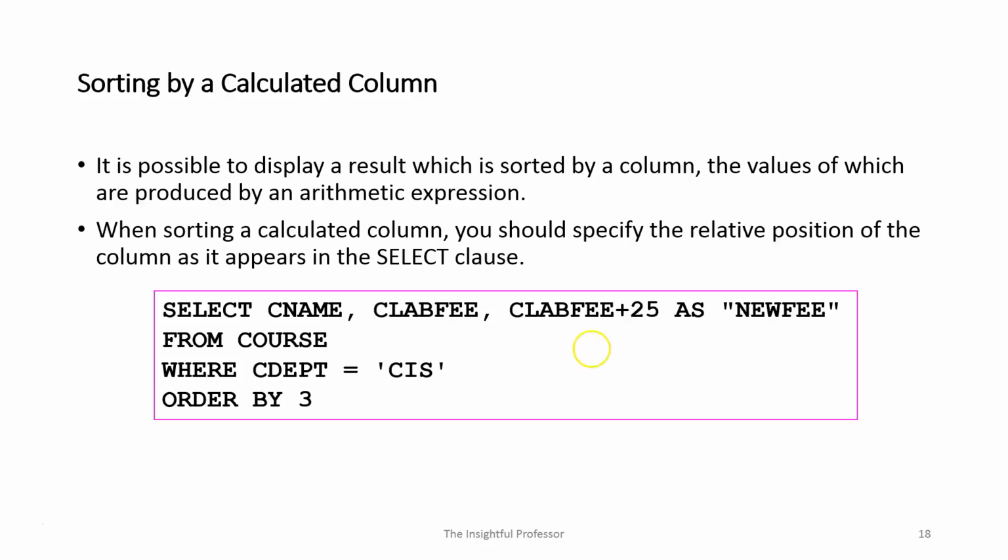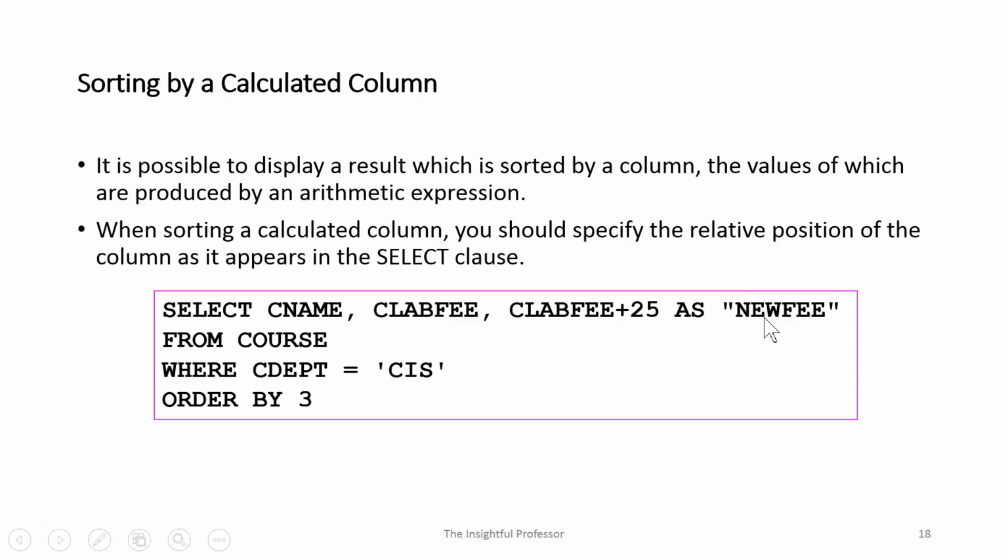There's a second option. I could say order by and use the actual expression that was used to do the computation and derive the value. So order by lab fee plus 25. That will work. But perhaps a better way is to say order by and use the name that's been assigned to the column.